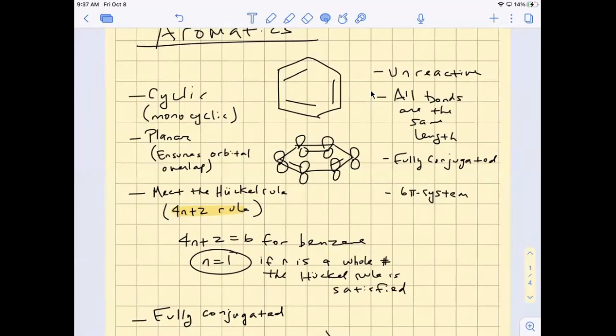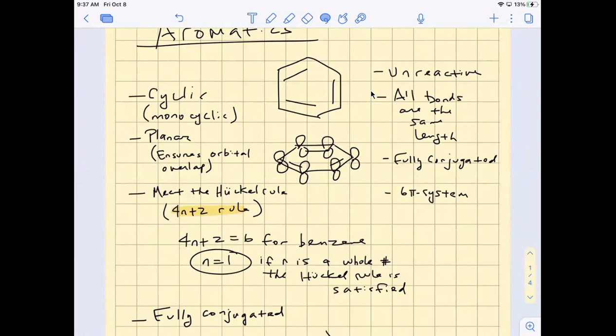Right? So it has to be cyclic. And again, under classical rules, it's monocyclic, but there are aromatics that are bicyclic, tricyclic. It just depends on the compound. All right. It needs to be planar so that the orbitals can all overlap, and that planarity and the fully conjugated criteria go together, right?